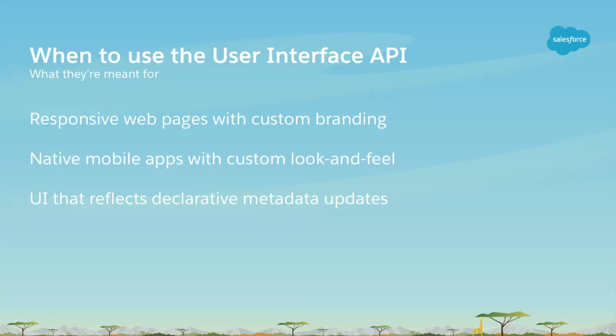And it's difficult to implement that in another UI or in a mobile app because you have to constantly check your metadata to see what the latest layout is. And we've made that really, really easy with this API.